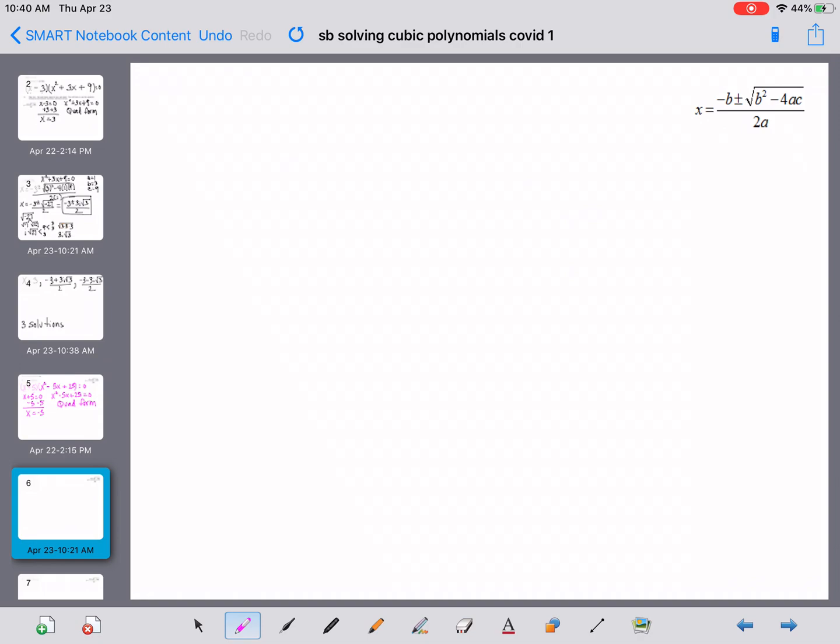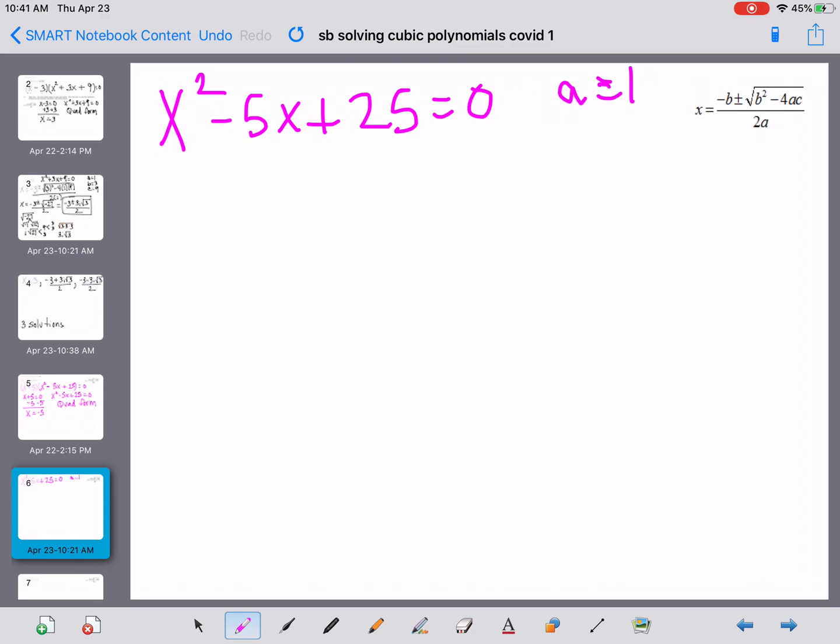So let's take x squared minus 5x plus 25 and use the quadratic formula. That means that a is 1, b is negative 5, and c is 25. And again, I hope you have your calculator nearby.